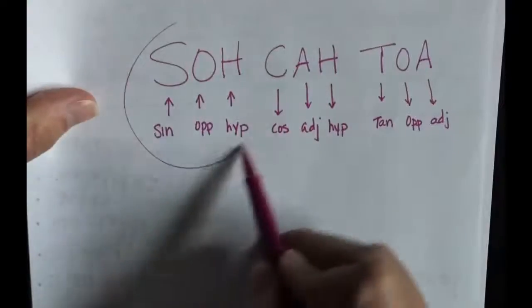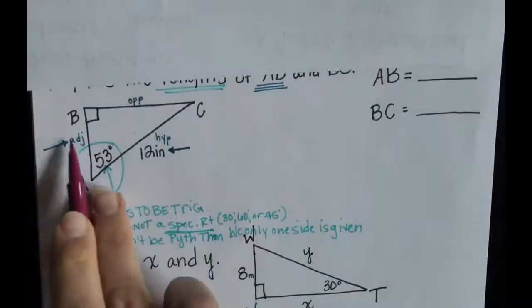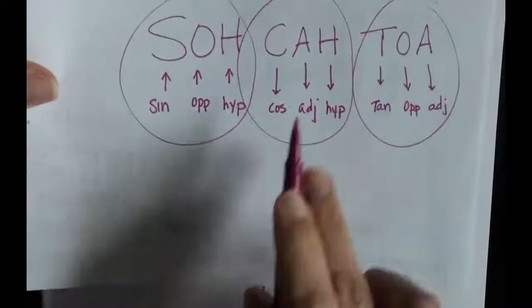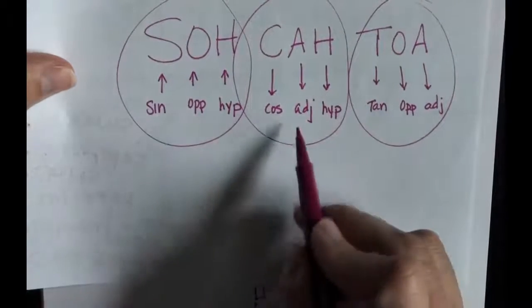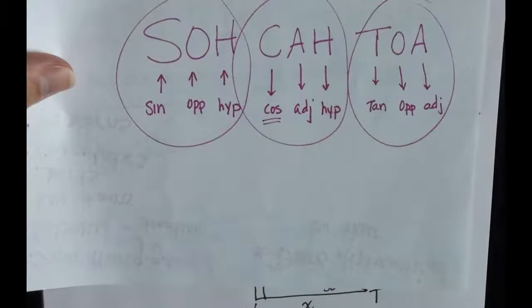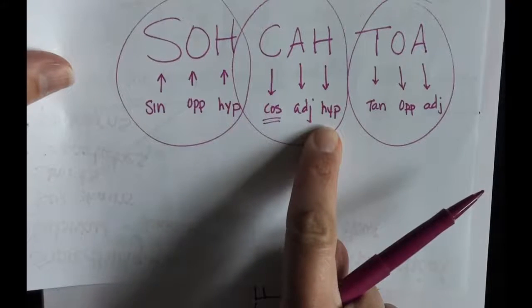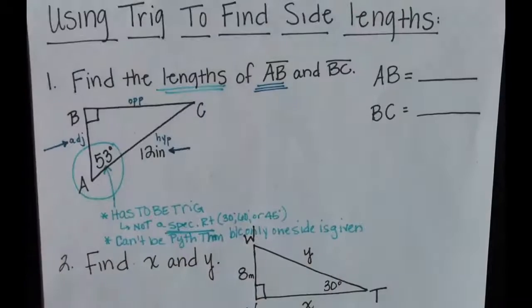And again, adjacent and hypotenuse. In each one of these separate categories, I want to figure out where adjacent and hypotenuse happen at the same time, and that's here at cosine. So I want to use cosine to solve this because I can fill in enough of the equation with the unknowns to solve.